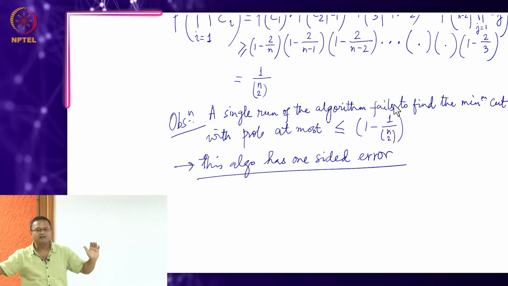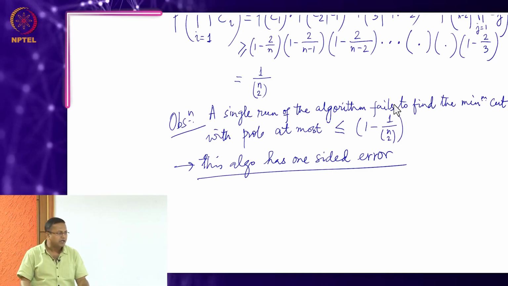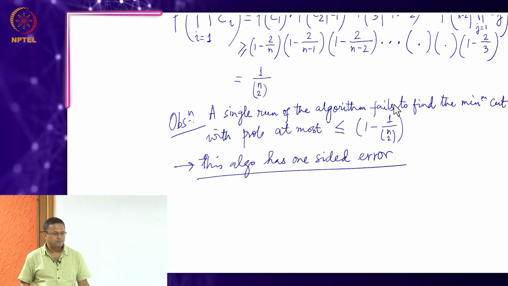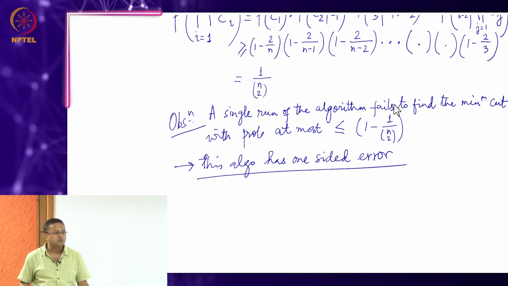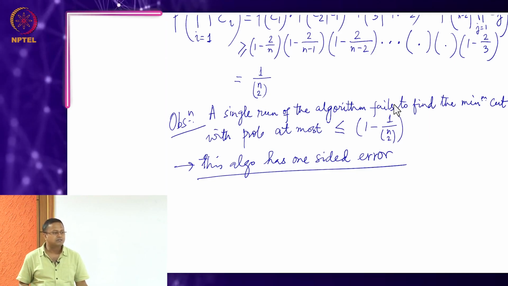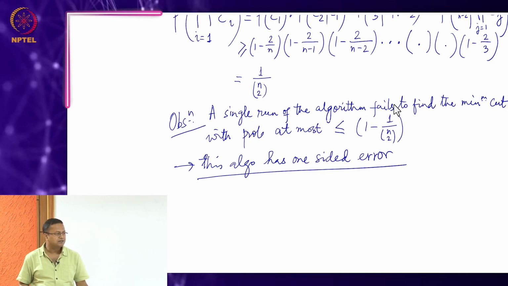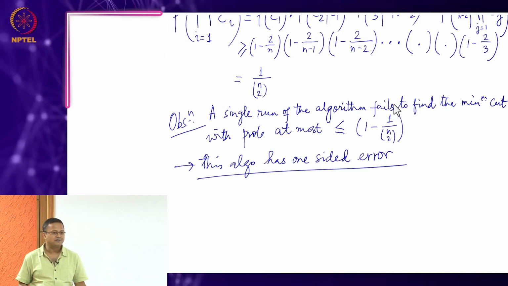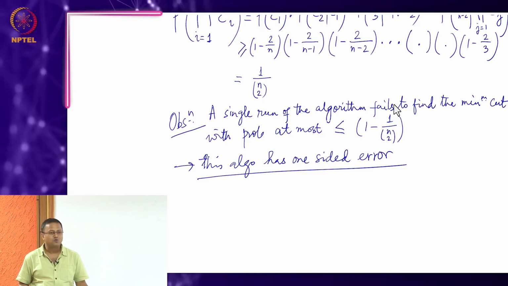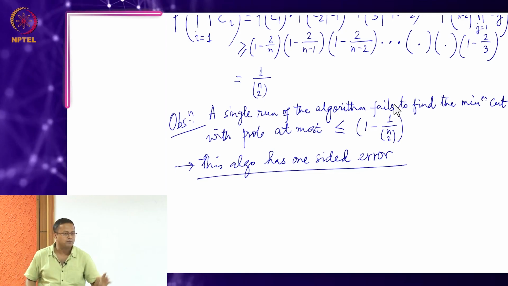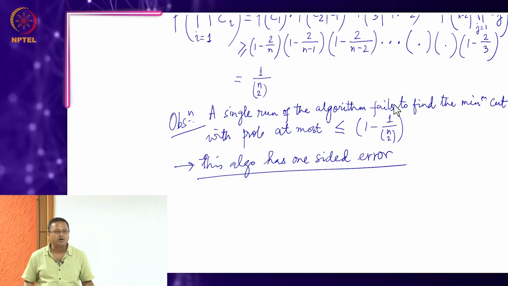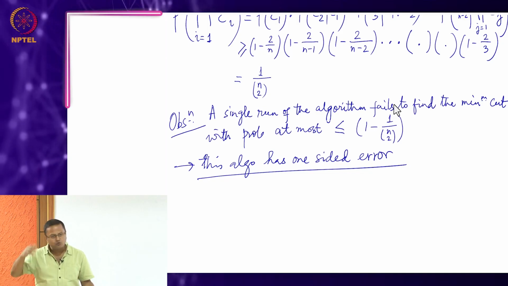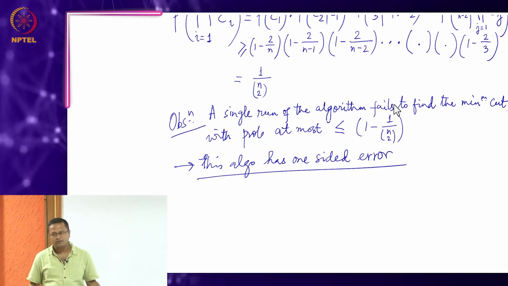If you run it n choose 2 times, what is (1 minus 1 by x) to the power of x? That gets you close to e to the power of minus 1. So I run it n choose 2 times, and my error probability would come down to e to the power of minus 1. If you run it more, you can even bring down the error probability further.